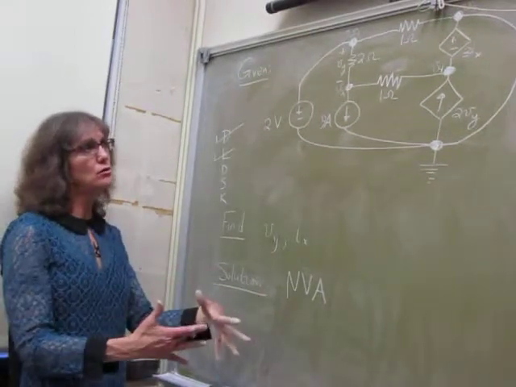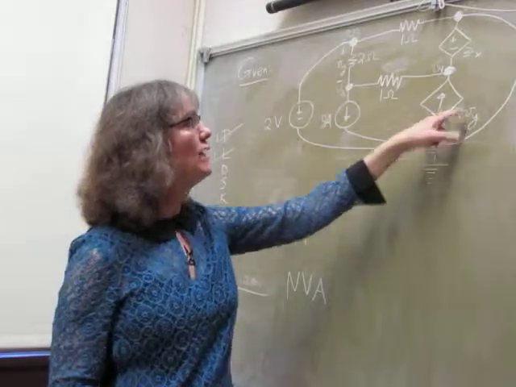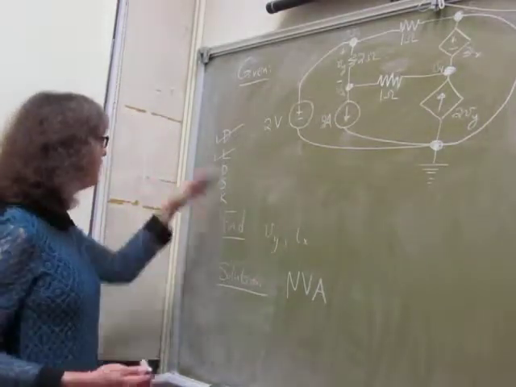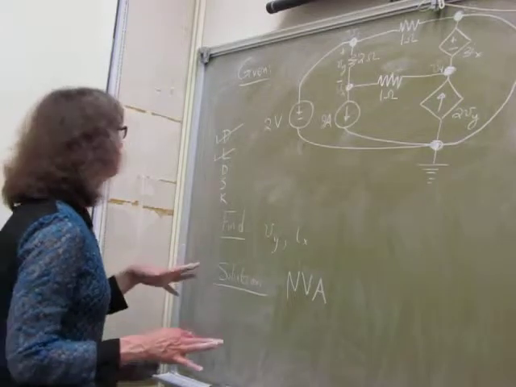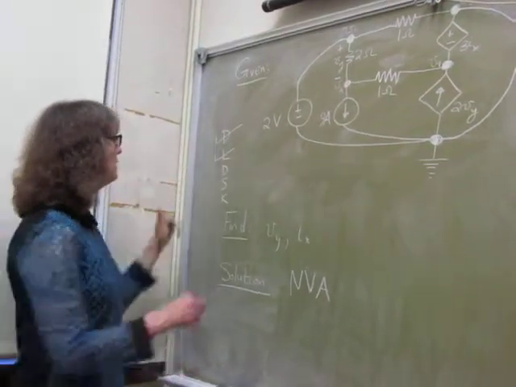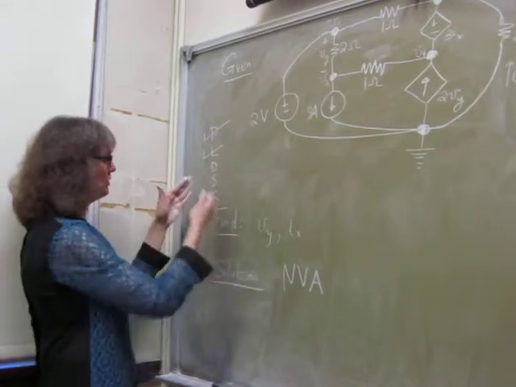So if I get an unknown in the equation that's not a node voltage, like for instance Vy or Ix, then I know I have a little bit of work to do. But if you just follow these steps, the work kind of gets done for you. So we've drawn it, we've labeled it. Now I'm going to do the same thing I did with the mesh current, but for node voltage.